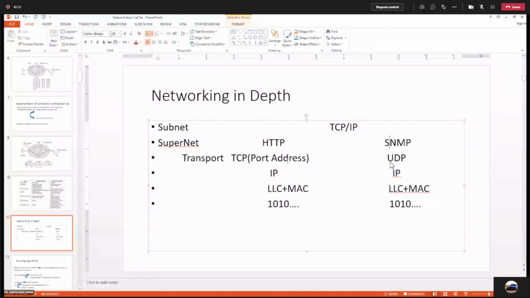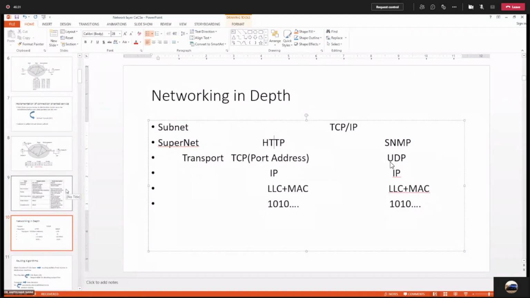Port address is the address of the service which is running at the application layer. Port address is not the address of any hardware. You have to remember that. Port address is used for the communication between HTTP and TCP and between SNMP and UDP.